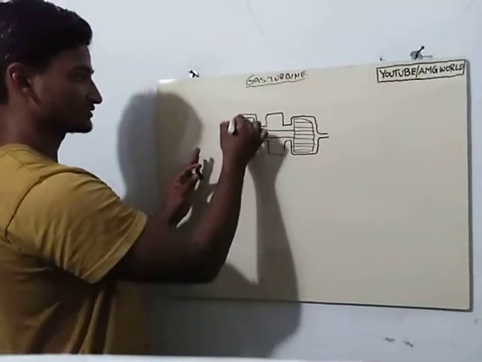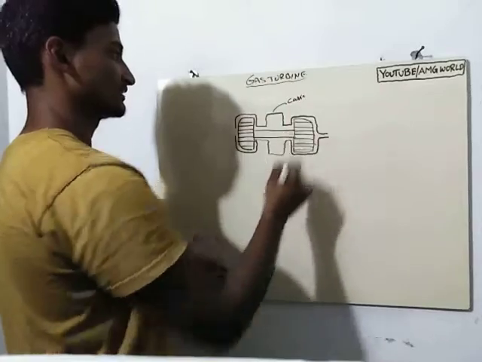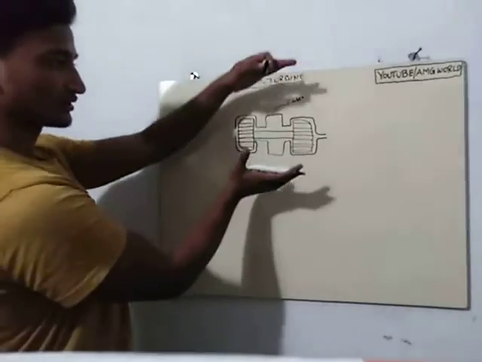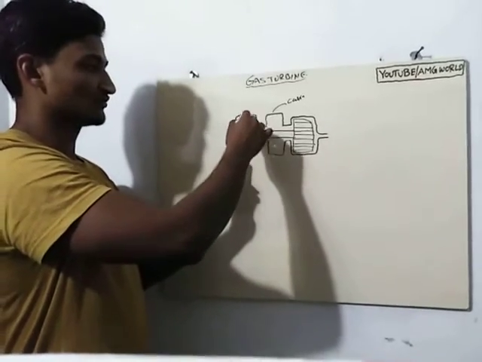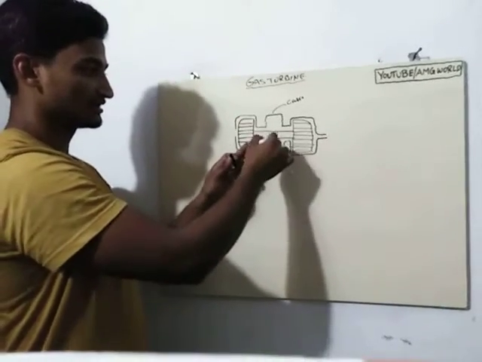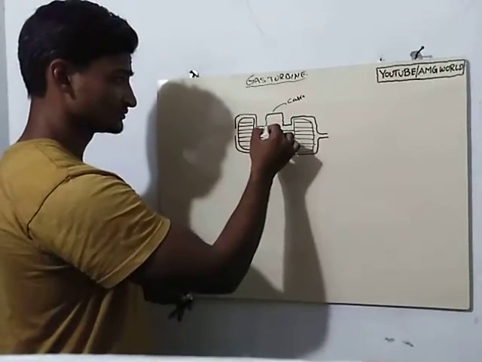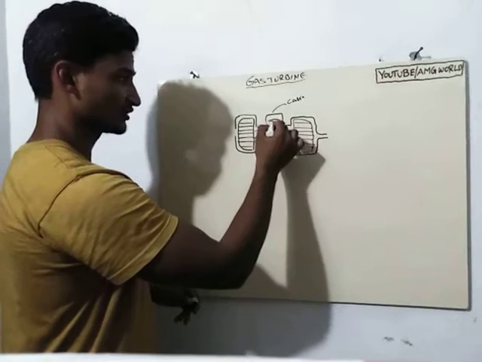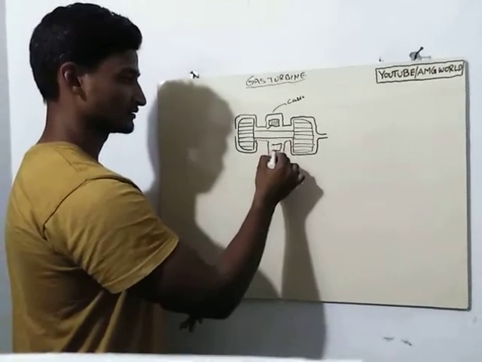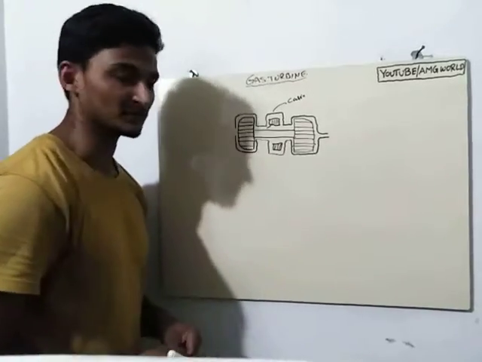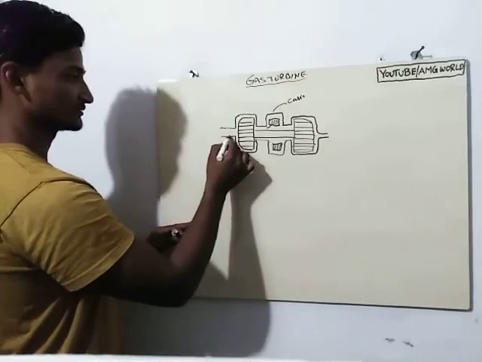If I take this outside line as a casing, this casing encloses this section which we can call the compressor, and this one is the shaft, and here we have a turbine wheel, and this particular one is called the combustion chambers. Here the air.